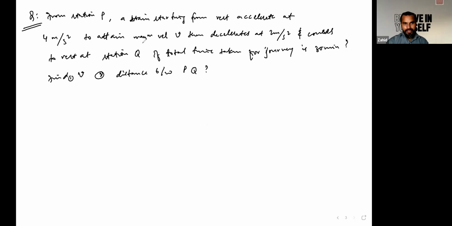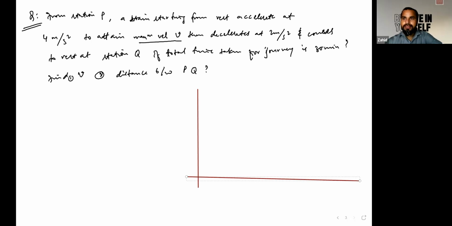And on attaining some maximum velocity v, it starts decelerating at 2 meter per second square and comes to rest at station Q. So here the question is in terms of velocity and time, so it will be better to draw a velocity time graph representing this situation.